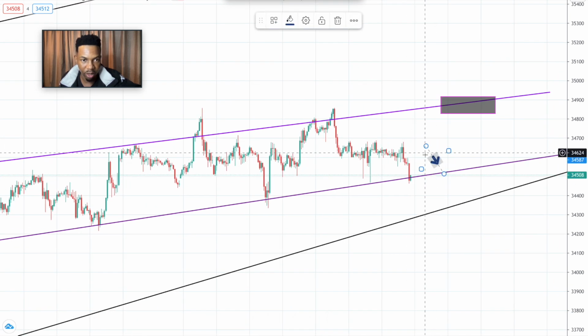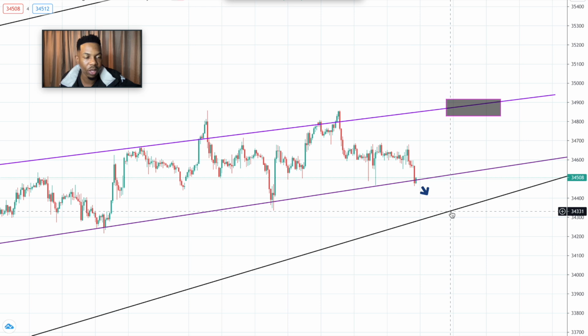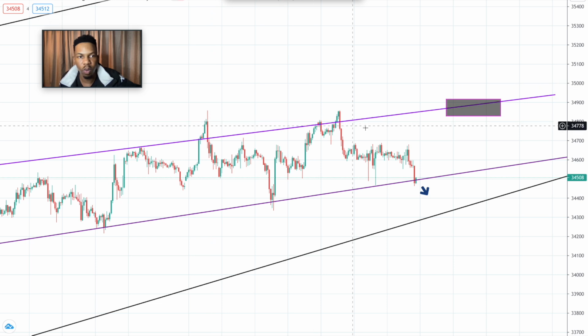If we can break the structure, then you know where we're heading. We're heading to this zone, which is the 34331 area. That's where we're going, which is also a support here. It's also a zone here, so that's another zone you might have to watch out for.